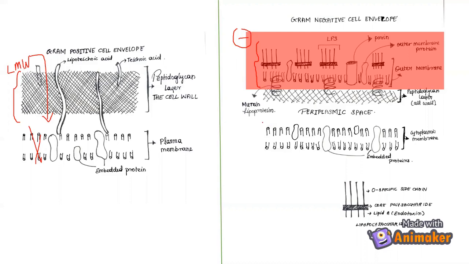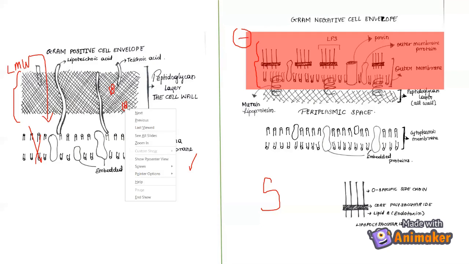Interestingly, the crystal violet stain used for gram staining is a large dye complex. As we saw in the beginning, gram-positive takes up the crystal violet, but gram-negative takes up safranin. The crystal violet stain is trapped in the thick cross-linked gram-positive cell wall, resulting in the gram-positive blue stain.